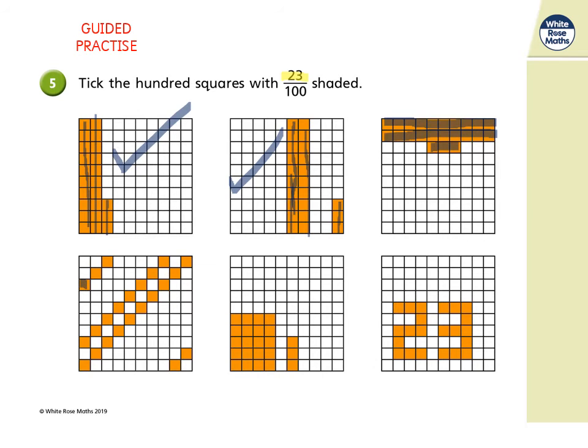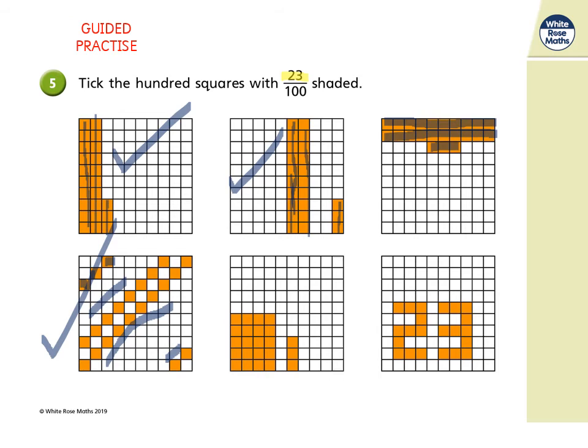I have 1, 2, 3 separated from this row that we've got here, separated from this row that we've got here, and another 2. Now I bet if you counted all of the squares, you would realise that we have 23 hundredths. So 23 equal parts shaded out of 100. So that again is another example of 23 hundredths.